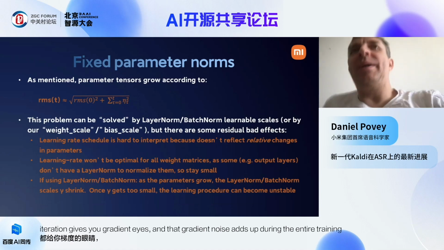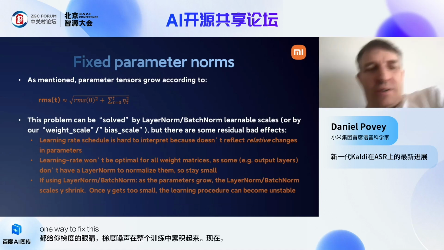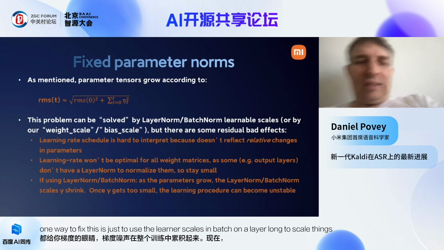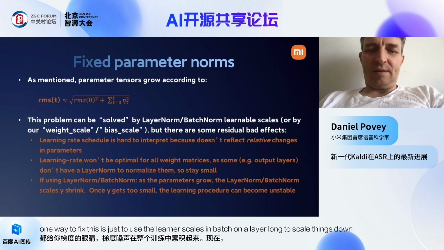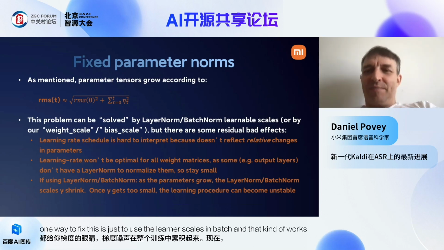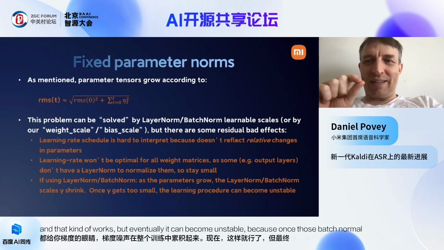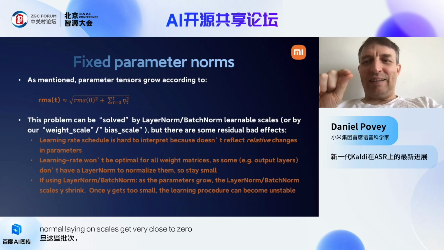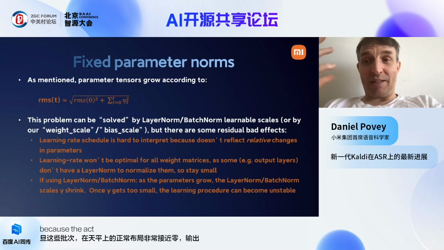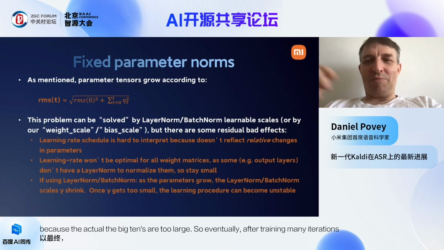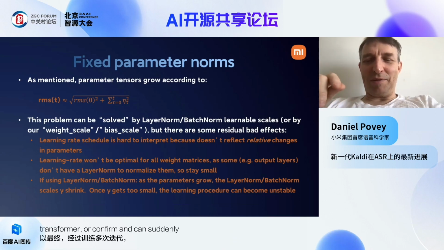Now, one way to fix this is just to use the learnable scales in BatchNorm and LayerNorm to scale things down. And that kind of works, but eventually it can become unstable because once those BatchNorm or LayerNorm scales get very close to 0, the output can become too sensitive to them because the big tensors are too large. So eventually, after training many iterations, your transformer or conformer can suddenly become unstable and go to infinity.